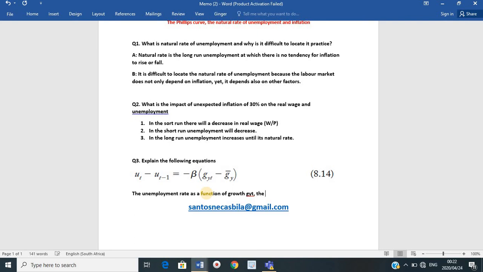Then the natural rate of growth that is needed for the current population.